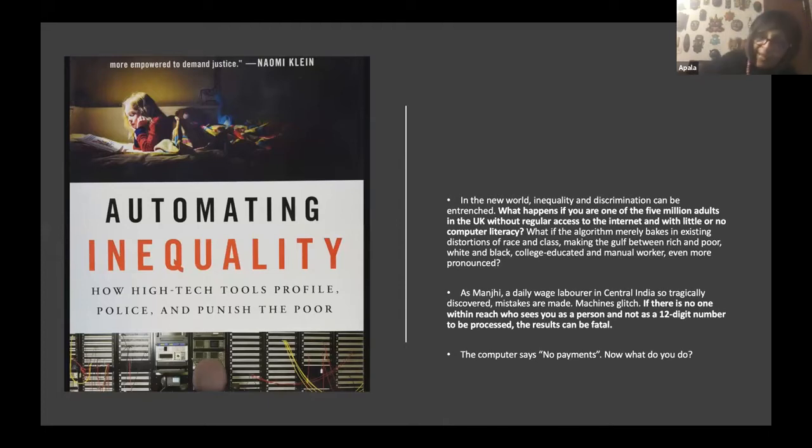Even when he did manage to trek to the office, which had now been shifted miles away, the people in the office didn't even know what to do because it's all automated. And by the time they started to move things and figure out what had happened to this particular number that this person was represented in the system as, Manji died because of starvation.